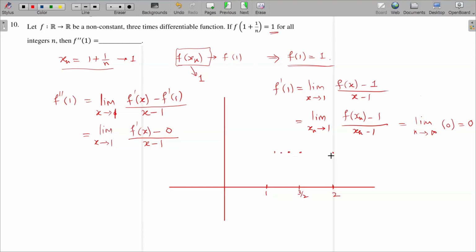These are the points on the graph. But in between, how it is behaving, I don't know. It's definitely not constant. So it may go up and down in between. To imagine such a function, you have no direct formula for framing a function which is non-constant and goes through all these points.